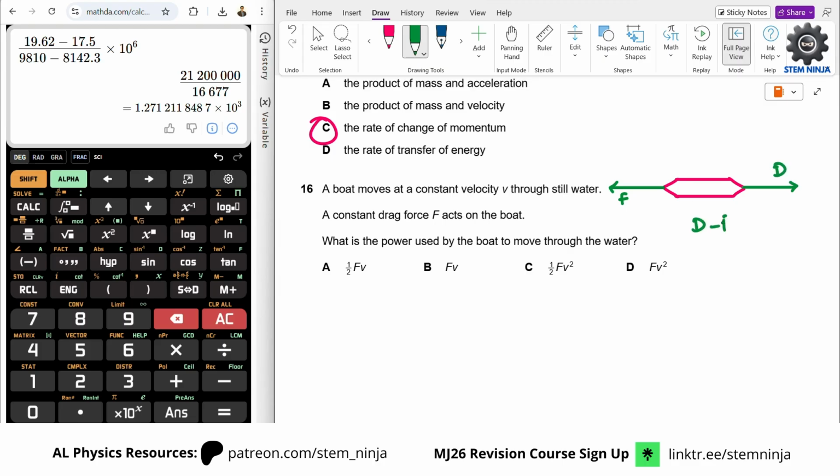So D minus F equals MA, which is equal to 0. That means D is equal to F, because it's moving at constant velocity. The power used by the boat is actually coming from D, and since it is opposing the drag force, this is going to be Fv.